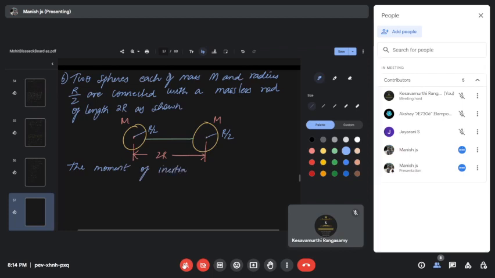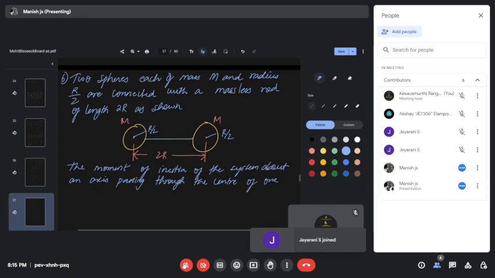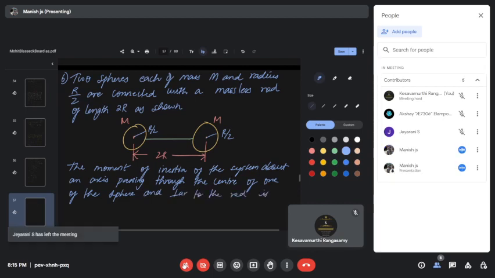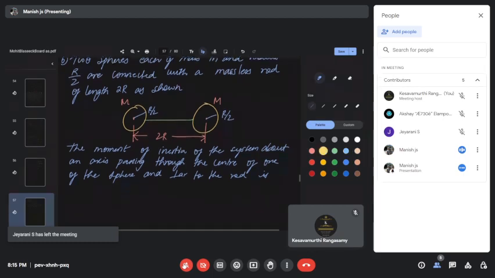The moment of inertia of the system about an axis passing through the center of one of the spheres and perpendicular to the rod is, I'll give you the options.